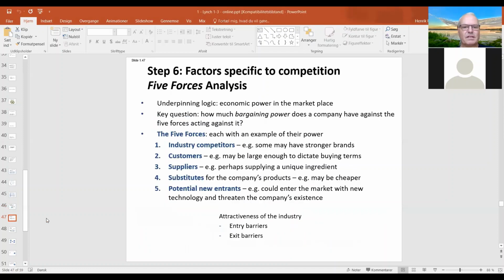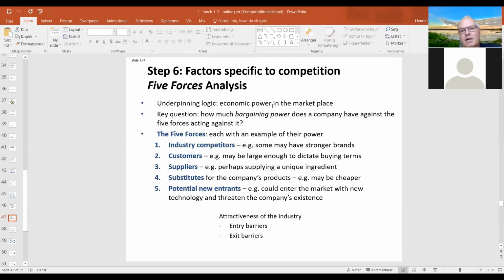Then we will take a closer look at step 6, factors specific to competition. That's what we call Porter's 5 Forces analysis. The idea here is that we have an economic power in the marketplace.